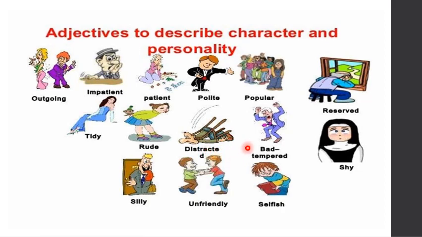And what else? This guy, as you see, it seems he is very angry. He gets mad, no? So this guy has a bad temper. He's a bad tempered guy.